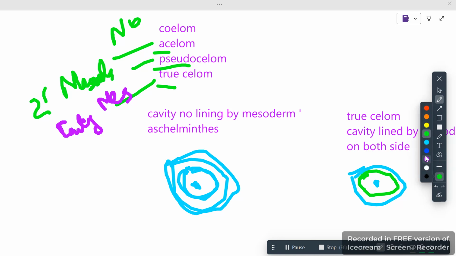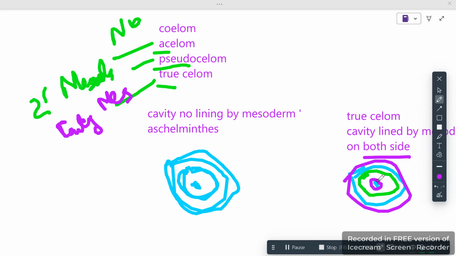And on the alimentary canal side you will also find some kind of layering that would also be of the mesoderm. That's why we call it both sides. This was the body wall. This means they have a lined body structure, with mesoderm on both sides, near the alimentary canal and near the body wall as well.